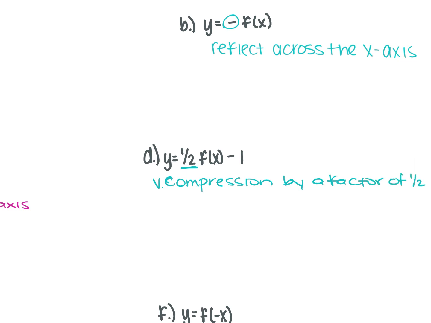Remember, if it was inside the parentheses in front of x, so the coefficient of x, you would take the reciprocal of that term. The reciprocal is what's telling you if it is a compression or a stretch, and that reciprocal would be your factor. From here, we do have that minus 1, not in parentheses, so it's going down 1 unit.